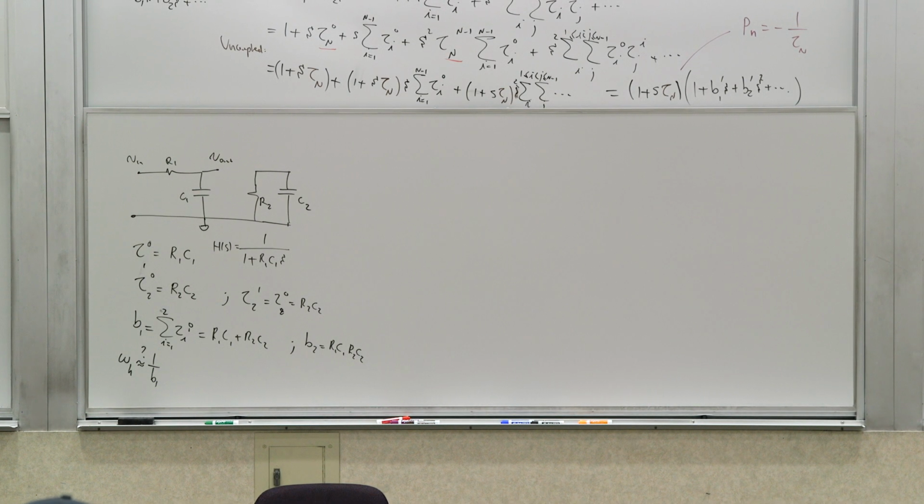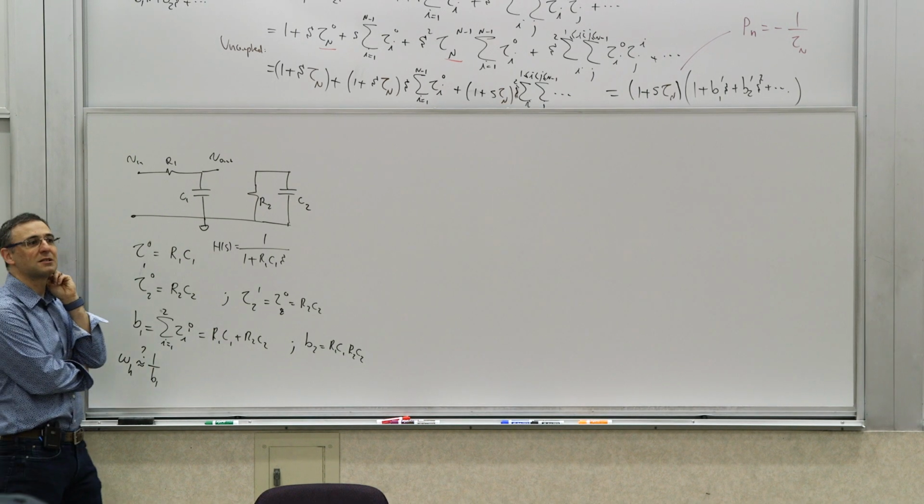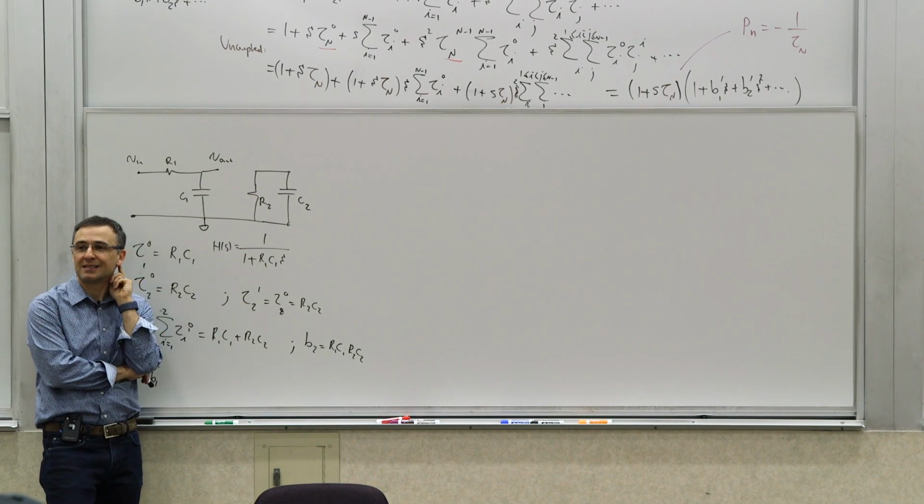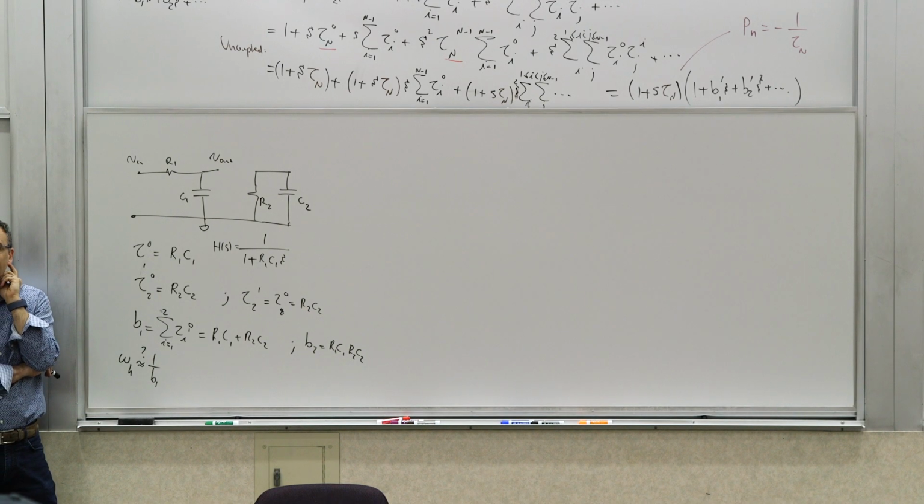This is a pathological example I'm giving. I don't like starting with pathological examples, but I think it's important to understand them at the end. Yes? So there is a 0 that cancels out. Yeah, there's a 0 in this transfer function. Why is there a 0? Is there an energy storage element, a capacitor, with infinite value, yet you still get a non-zero transfer function? Right, C2.